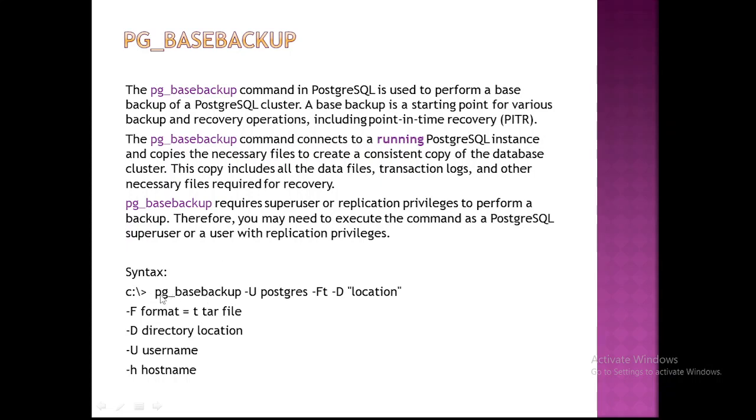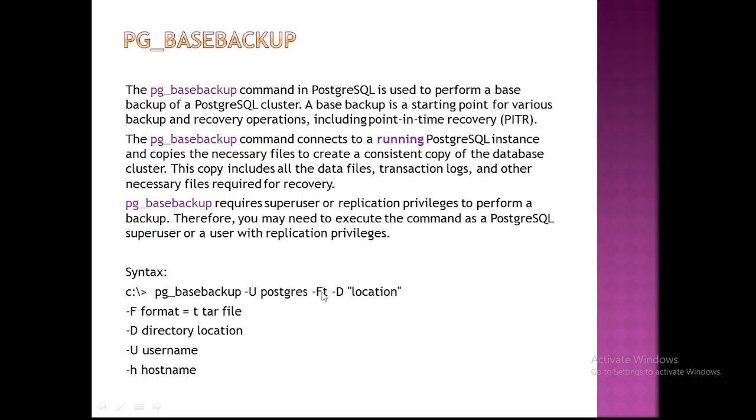The syntax for this is very simple. It is pg_basebackup -U postgres. I'm using the postgres user because for pg_basebackup you require a superuser or a user who has replication privileges. So it's better if you use postgres or some other superuser. Then -F, capital F, is for the format of the file, and small t is the tar file format.